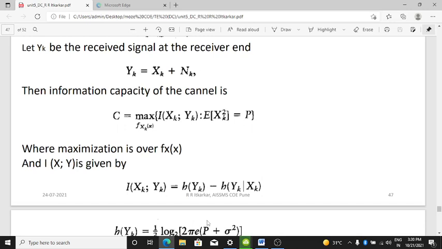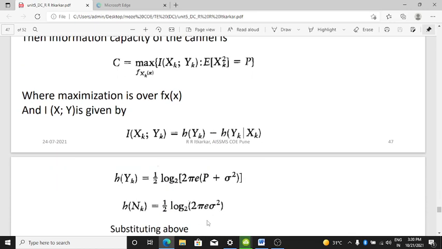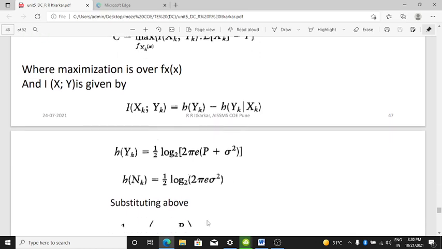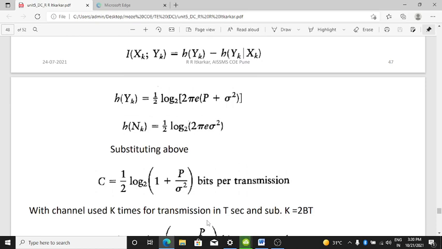Then the information capacity of the channel is C equals max of I of Xk comma Yk, with E of X squared k equals P, where maximization is over f of x, and I of X comma Y is given by I of Xk comma Yk equals H of Yk minus H of Yk given Xk. Read this one.